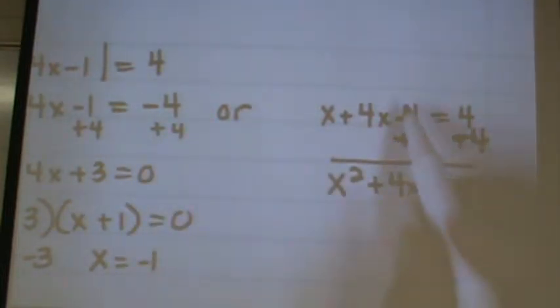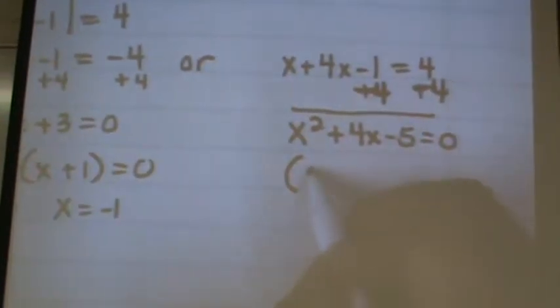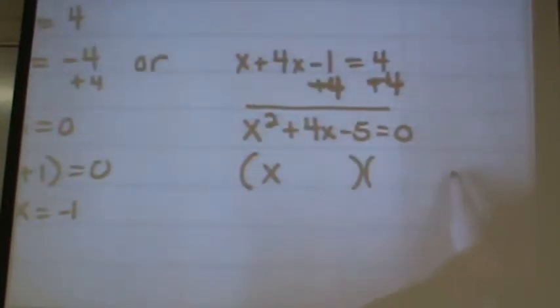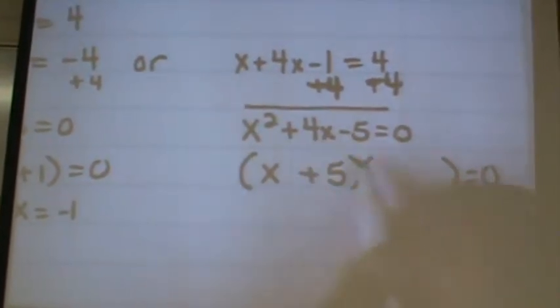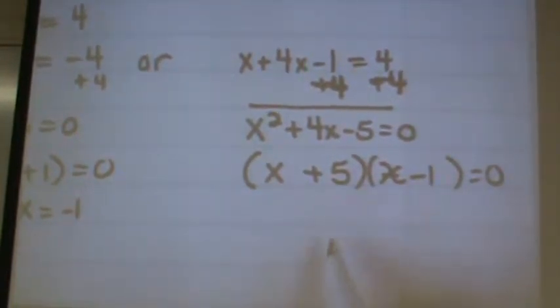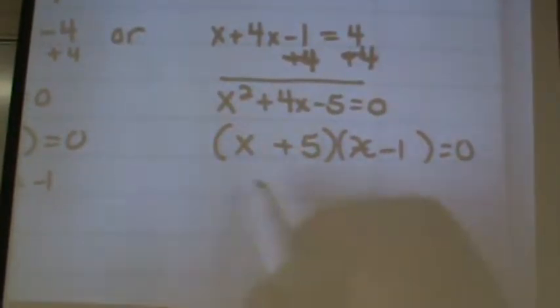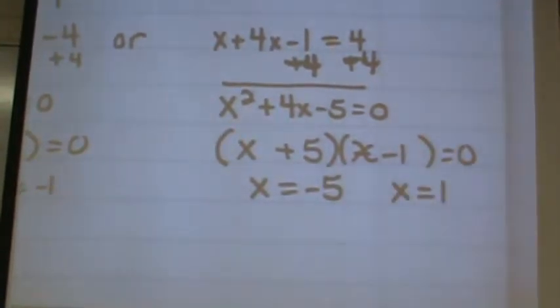This one we're going to subtract 4, you get negative 5. So what times what is negative 5, but adds to be positive 4? And that would be x minus 1 and x plus 5. So your possible answers are negative 5 and 1.